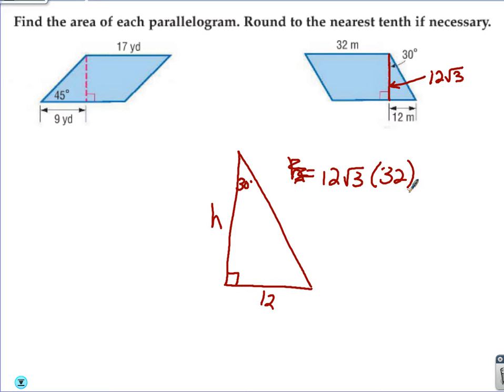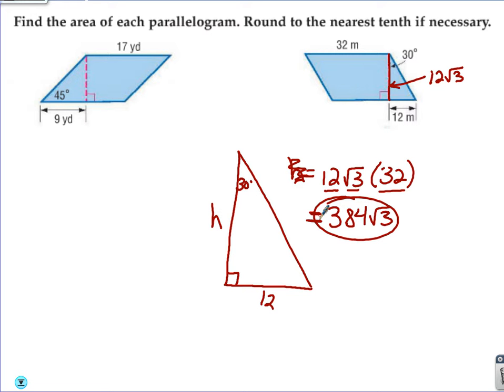To multiply those together, you can multiply roots times numbers, but I can't multiply numbers times numbers. This is simply three things being multiplied together. 12 times 32 gives me 384. So 384 root 3 is the exact answer. Notice I put equals. That's exact.